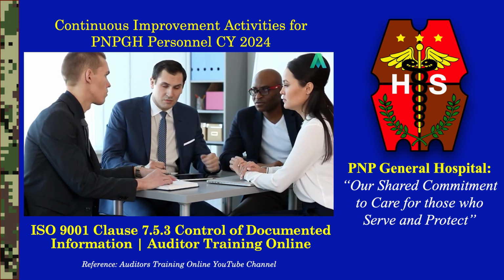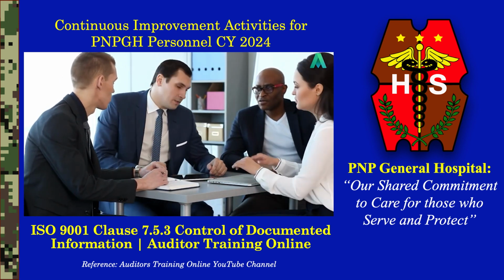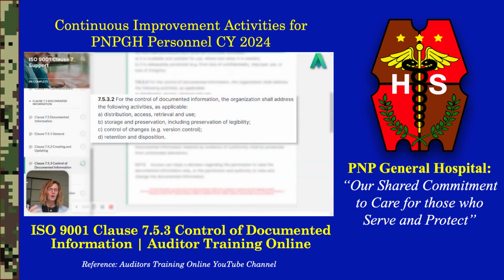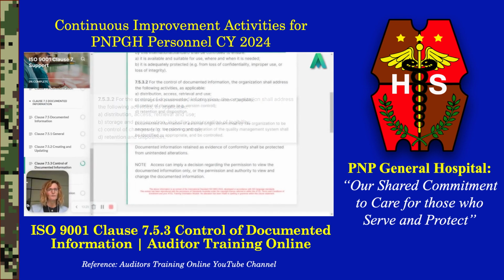Is it archive and disposal or straight to disposal? What I normally see for this is a table. People within their systems draw up a table with all their different types of documented information, and column headings for how long they're retained and then the disposition process. Is it archived? Is it disposed of and shredded, etc.?